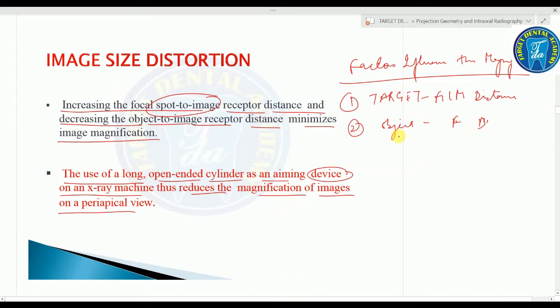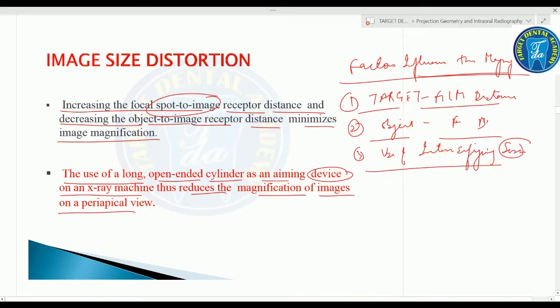And the third one is the use of intensifying screens. So these are the factors which influence the magnification: the target to film distance, the object to film distance, and the use of intensifying screens.